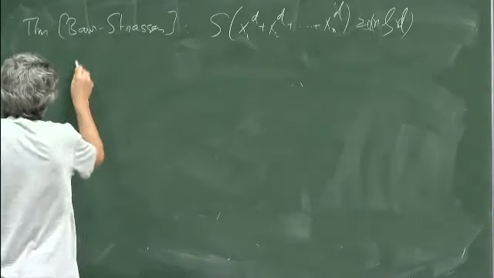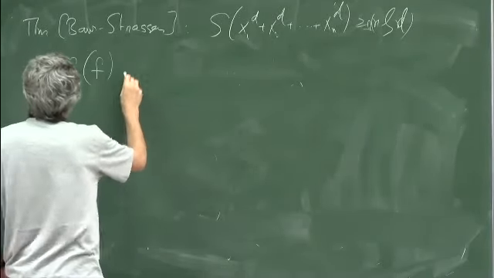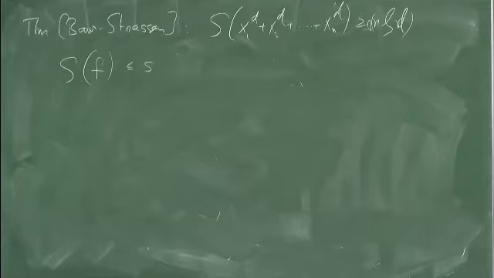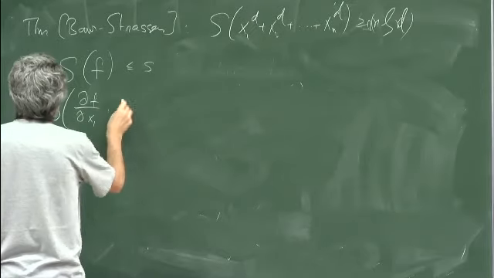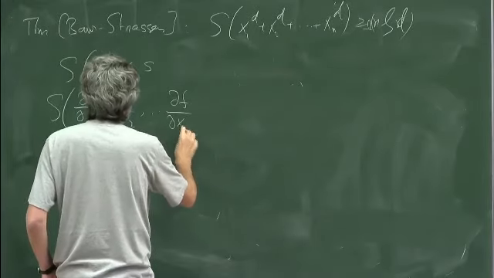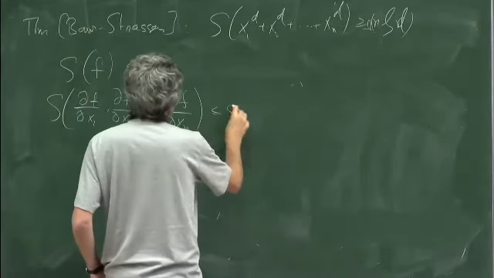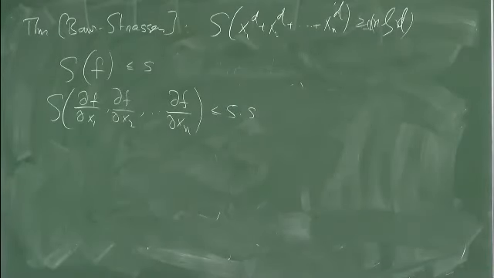Suppose that you can compute any polynomial f in S steps by a circuit of size S. Then you can compute all first partial derivatives of the circuit, not within a factor of n more, which is trivial, but within some constant factor like 5.